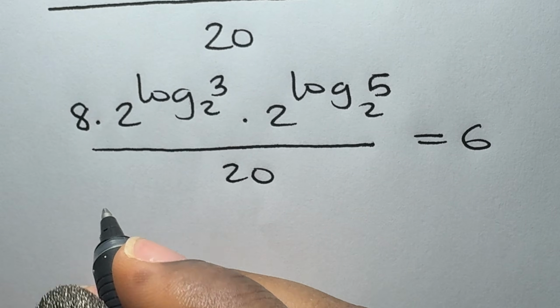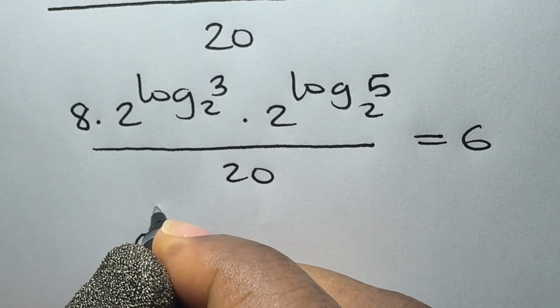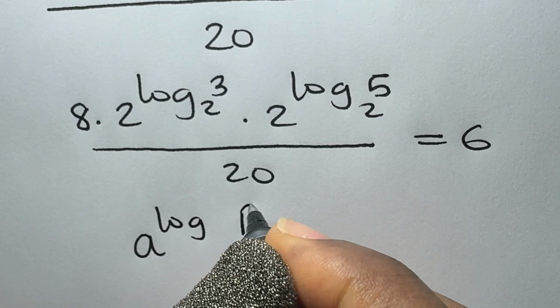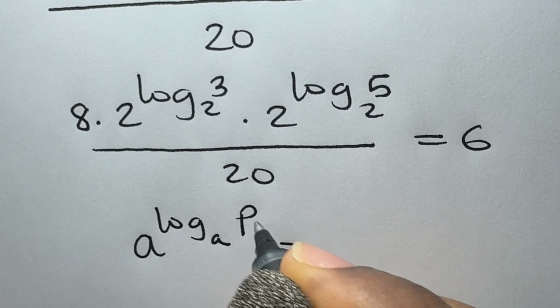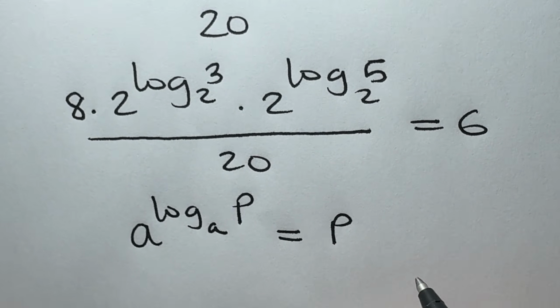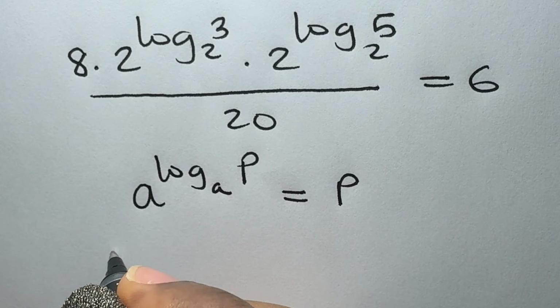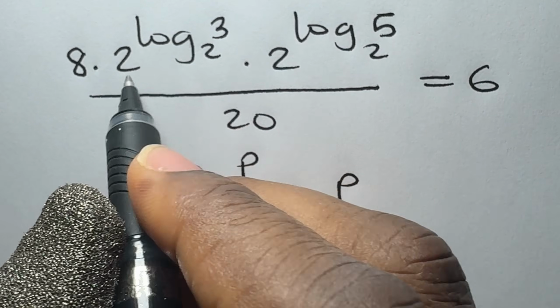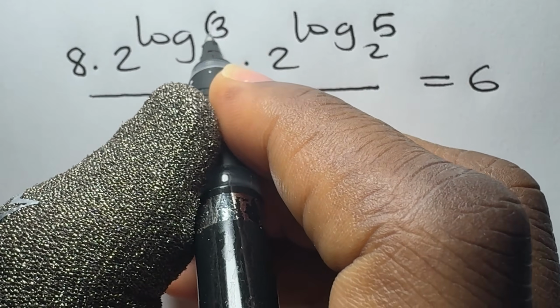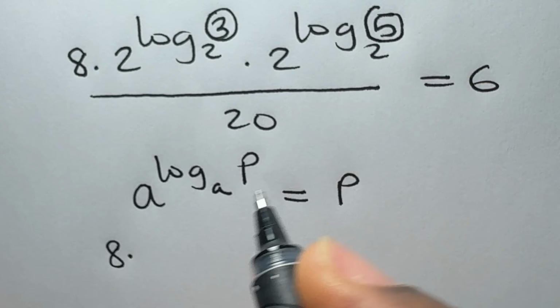Now these two expressions are of the form a raised to power log p base a. By law of logarithm, this should give us p. Therefore, we have 8 times, using this law, this is going to give us 3 and this is going to give us 5.